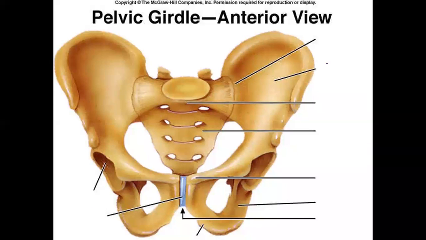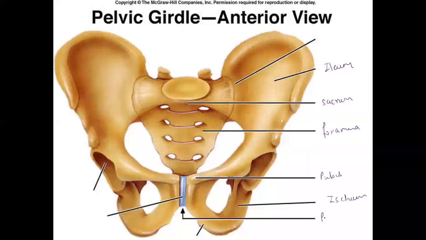This part that you can see is nothing but the ilium. This part is the sacrum. And this part is also foramina, you can say, the opening from where the blood vessels will pass. This is called pubis. This is ischium.